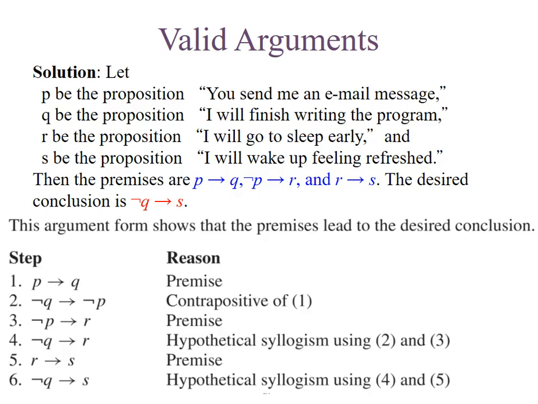Right? And we use the last premise, if R then S. So not Q then R, if R then S. By hypothetical syllogism again, we have if not Q then S. So this is the conclusion.